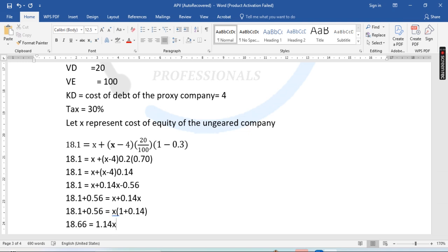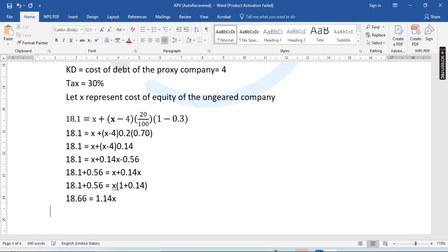1.14x. So now you can divide both sides by 1.14. x is equal to what? x is 16.36. So do we arrive at the same answer? Yeah. 16.36%, right?